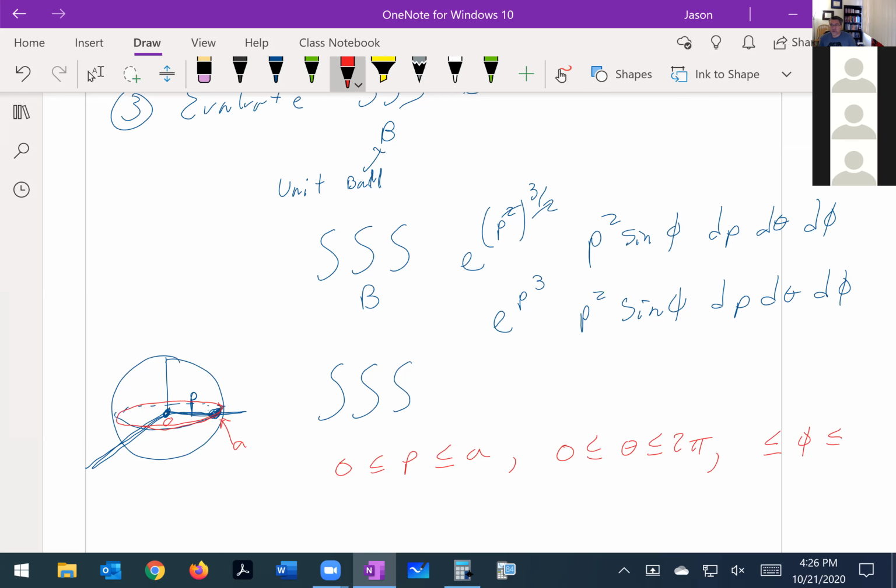Because it's a whole circle, a full circle. Okay, that explains 0 to 2 pi, but this was 0 to pi. Why not 0 to 2 pi? Would it be just the top half of the sphere?